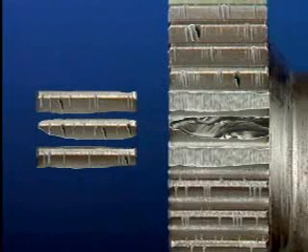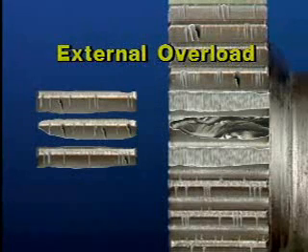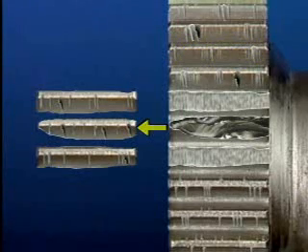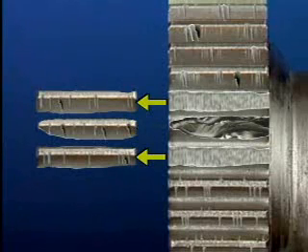This means that an external overload was applied to the gear set, which resulted in a break of a gear tooth already weakened by fatigue. When this tooth broke, the overload was increased on the adjoining teeth, and then the adjoining teeth broke. In the case of an external overload, a technician must not only repair the broken gear set, but he must also figure out what caused the overload and correct that condition as well.